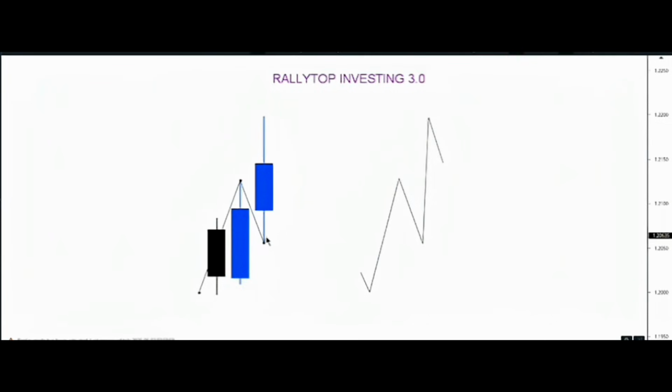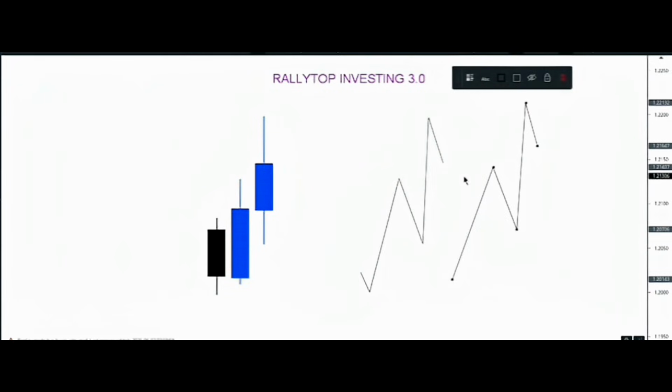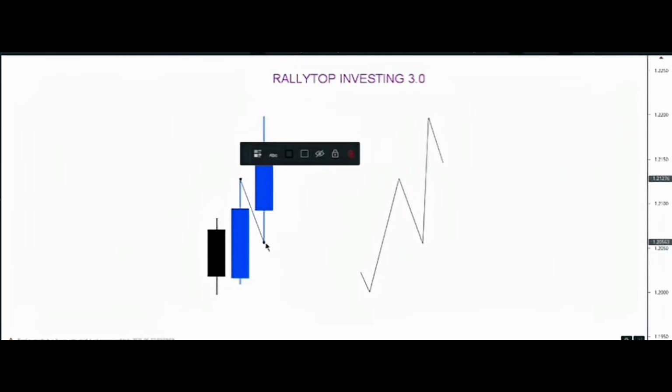And so after printing this low, price pushed up to create a new higher high. And at the end of the day, look, price came back here. As you can see, it is very similar to this one.